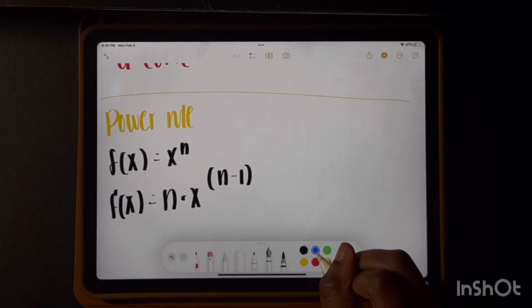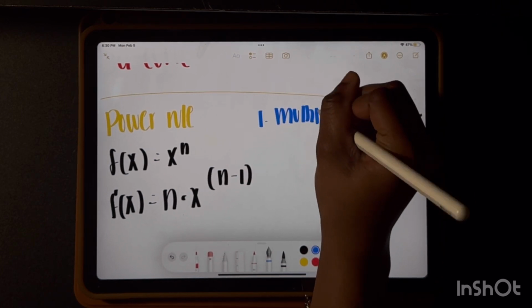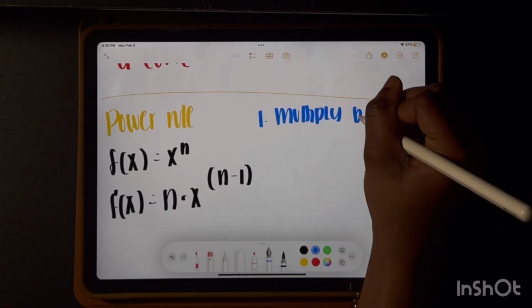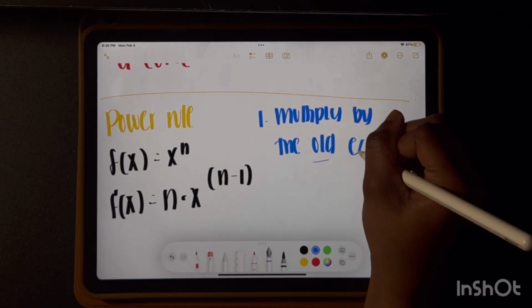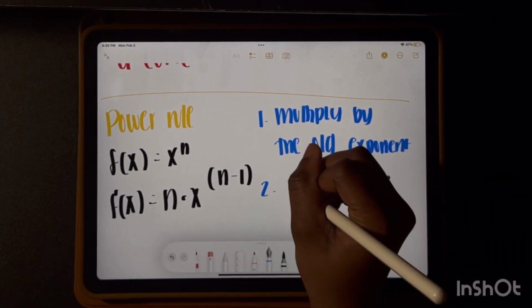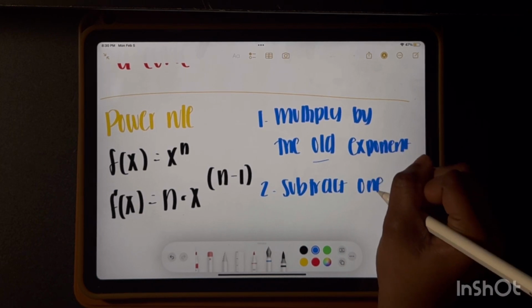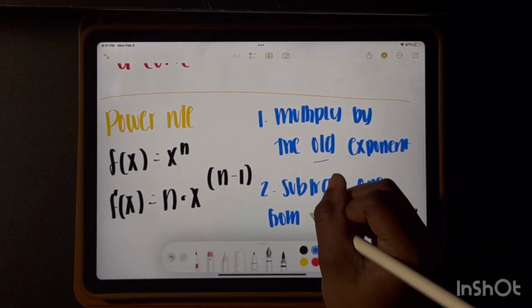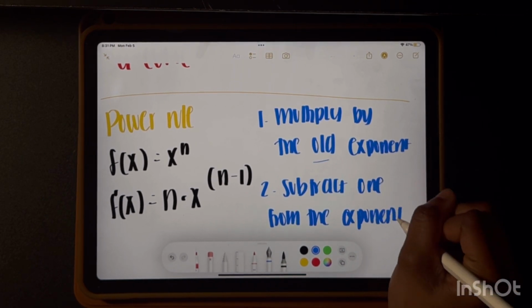So the first thing you want to do is multiply by the old exponent and then subtract 1 from the exponent. And that's how you use the power rule.